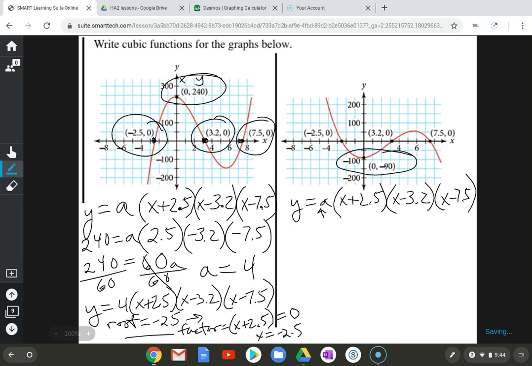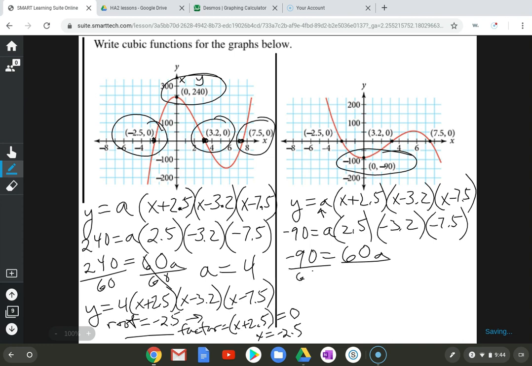Again, I'm going to look at my y-intercept, and I'm going to replace my x with 0 and my y with negative 90. So I replace that, and then I get times 2.5 times negative 3.2 times negative 7.5. We've already done this. We already know that this equals 60. Divide both sides by 60, and we end up with a equals negative 3 halves.